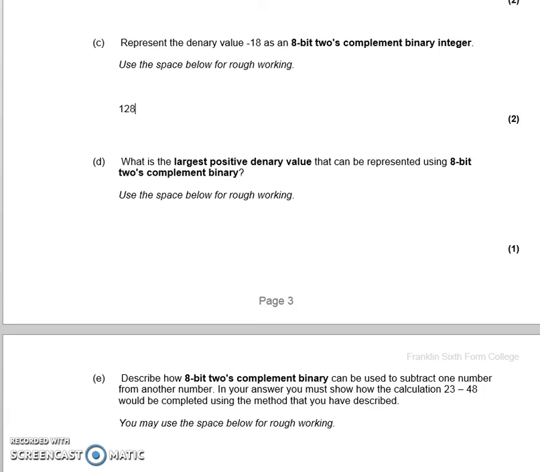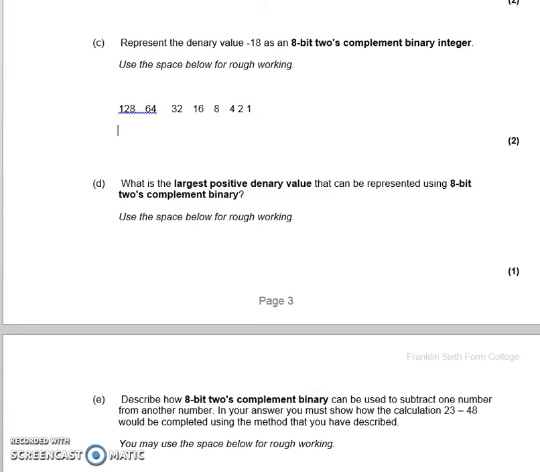We put our numbers 128, 64, 32, 16, 8, 4, 2, 1, and 18 would be 0, 0, 0, 1, 0, 0, 1, 0. So that is equal to 18.